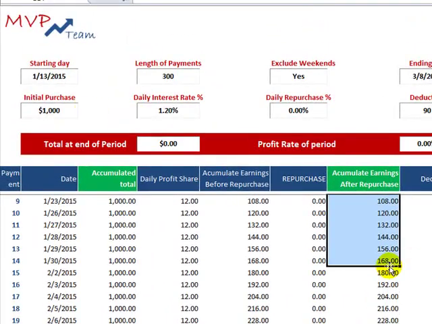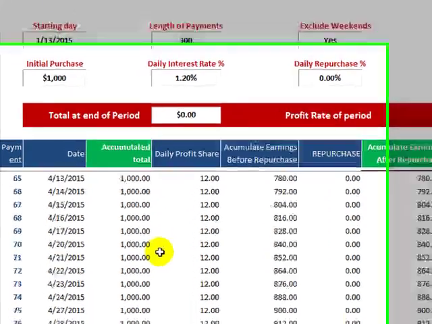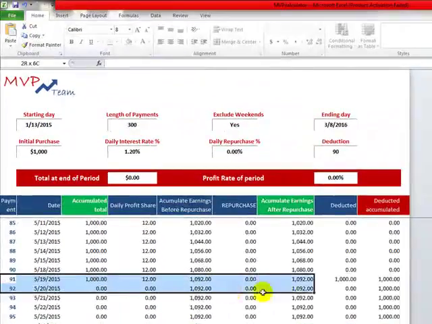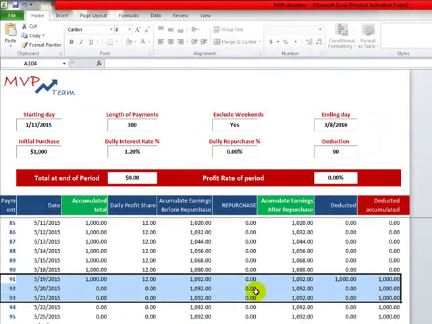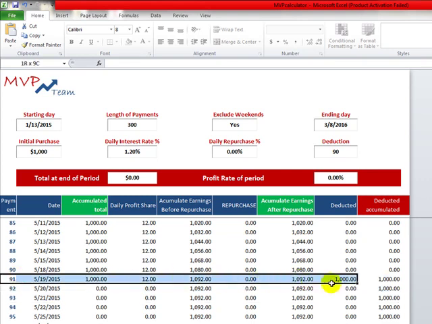So you see here, whatever you make, it's just going to go out. So after the 90th payment, let's go down to 91st, 92nd, 93rd payment. You see, once $1,000 drops off, you have nothing else in your account. So you're not earning anything anymore.